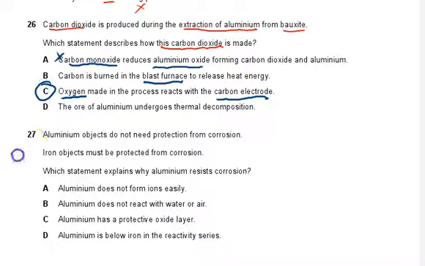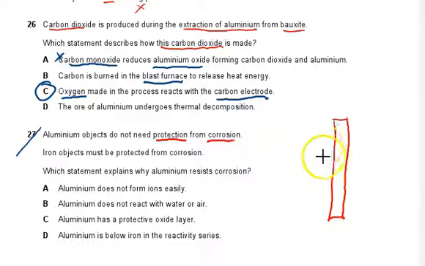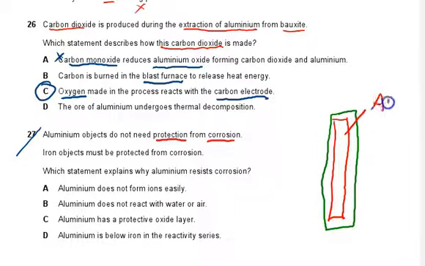Question 27. Aluminium objects do not need protection from corrosion. This is because when you have a fresh, pure aluminium plate, it will create its own oxide layer around it. For example, this is the aluminium and the green color is the oxide of aluminium.